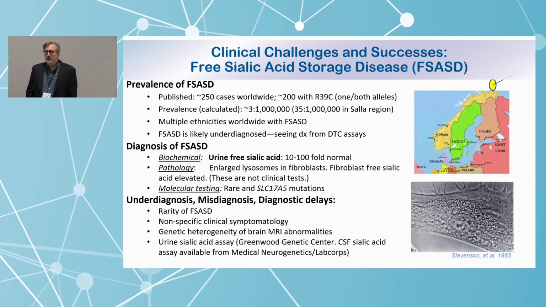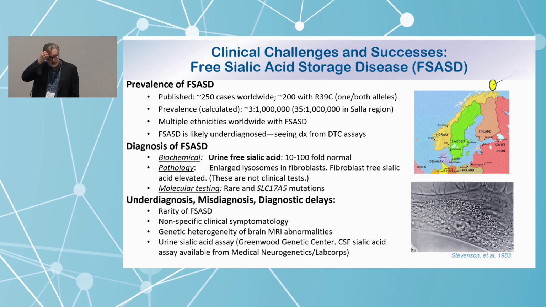In terms of diagnosis, you can measure free sialic acid in the urine. It's 10 to 100-fold above normal, depending upon the severity of the mutations. So that's available as a clinical test. And then there's a molecular test, of course, for mutations in the gene.